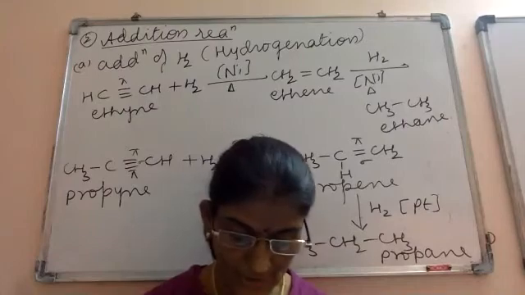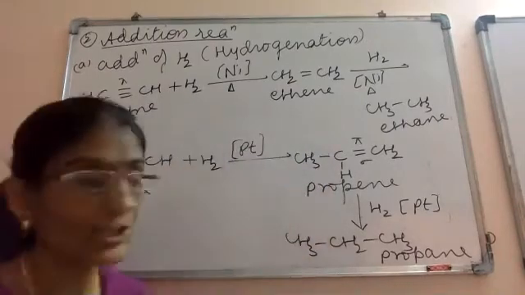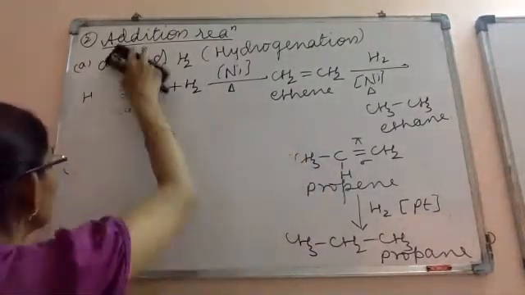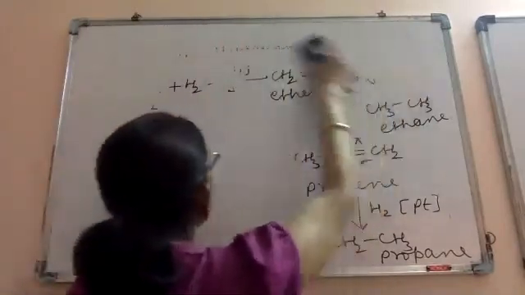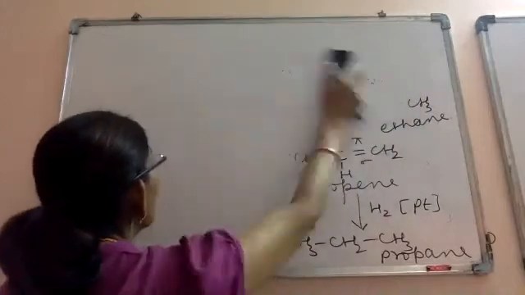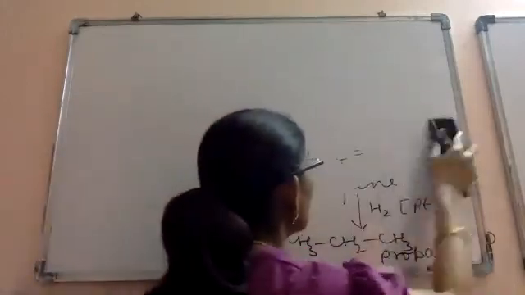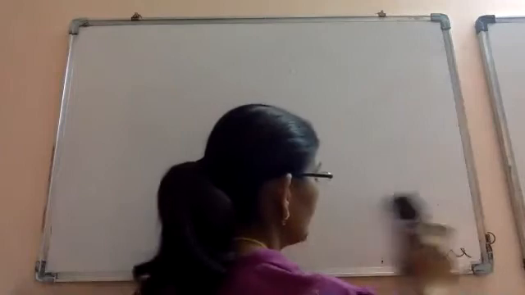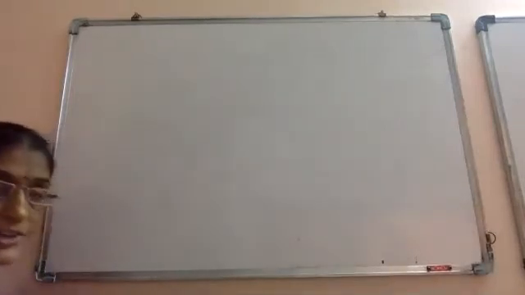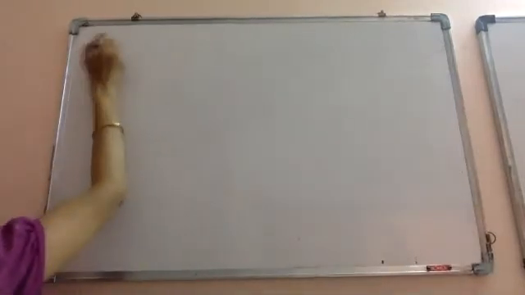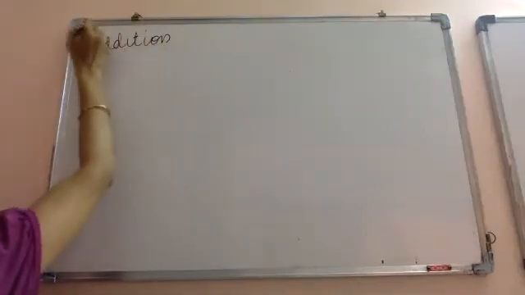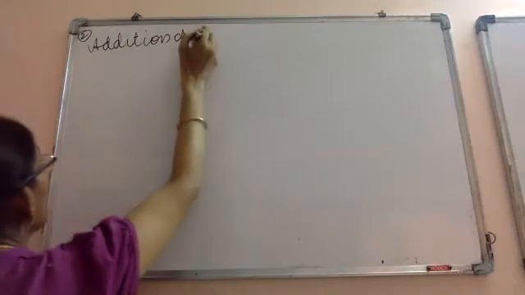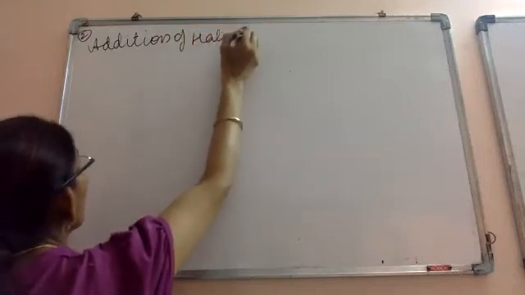Now second reaction, addition of halogen. Second addition reaction, addition of halogen, X2.